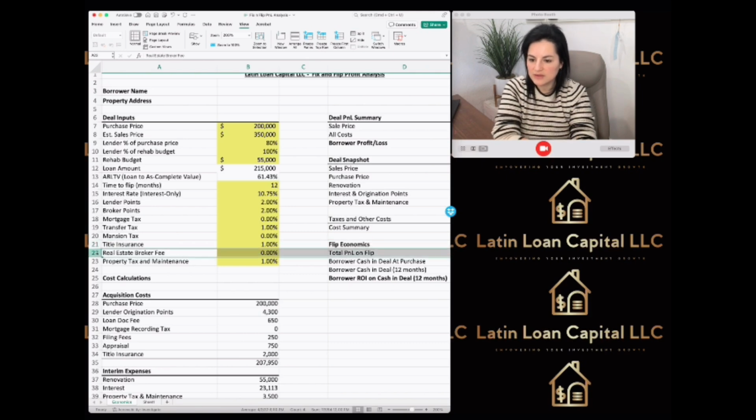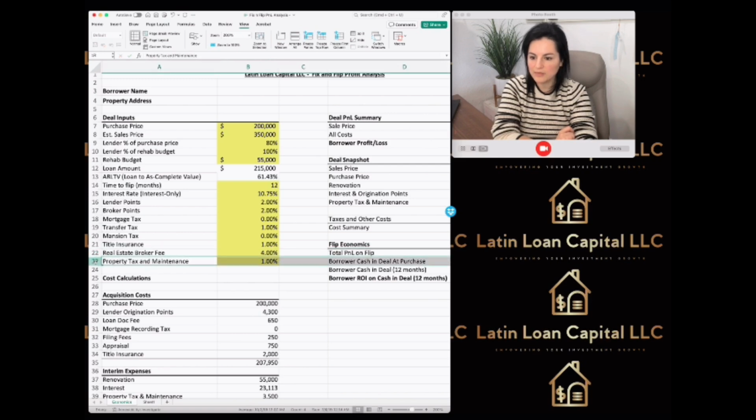Now, real estate broker fee was usually 6%, but now let's say it's 4% because now you can negotiate the broker fees. Okay, property tax and maintenance.